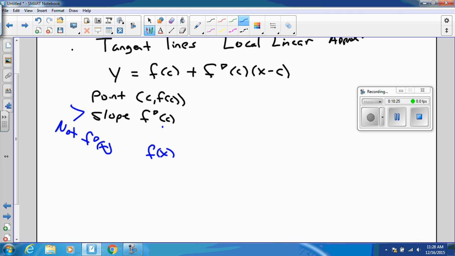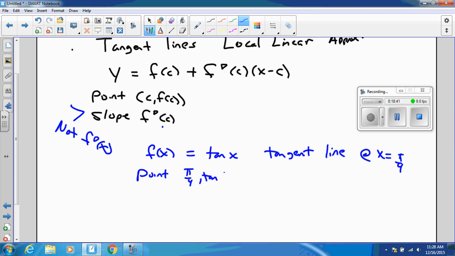So for example, if f of x equals, say, tangent x, and I want the tangent line at x equals pi over 4, then my point will be pi over 4 comma tan of pi over 4.